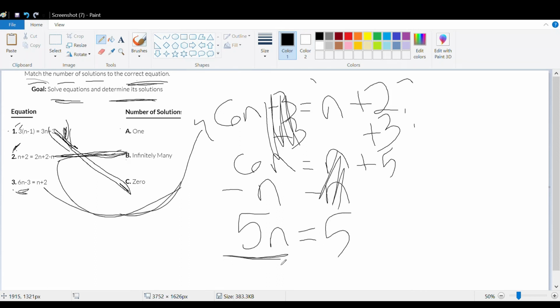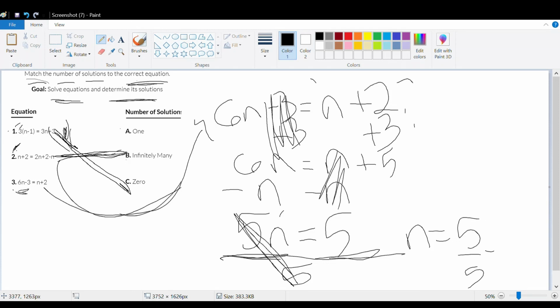Now we can divide both sides by 5 to totally isolate the n. 5 over 5 is 1, so n equals 1.